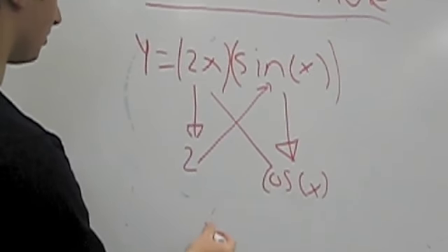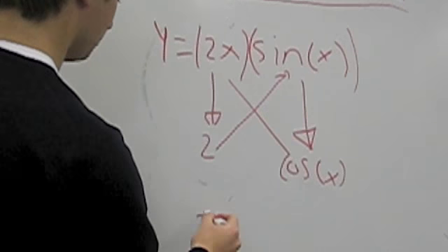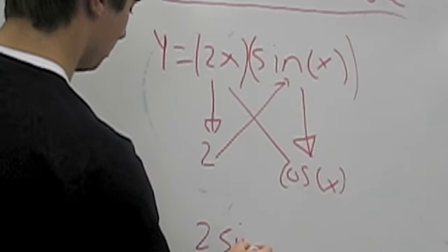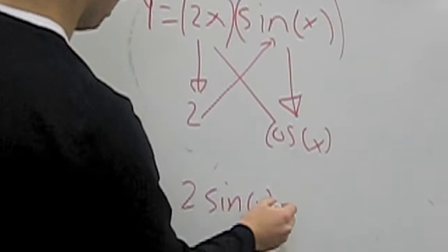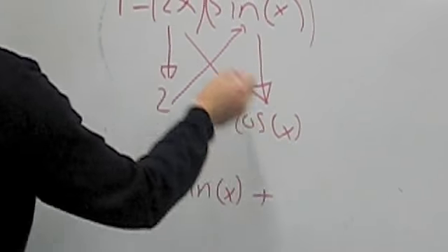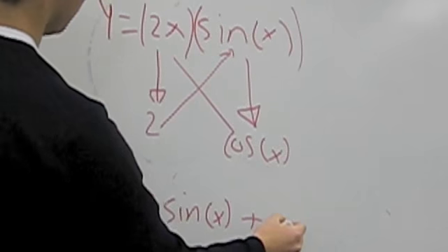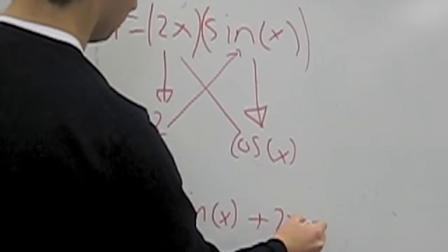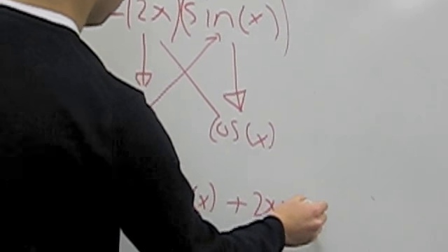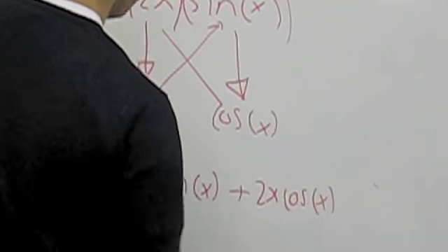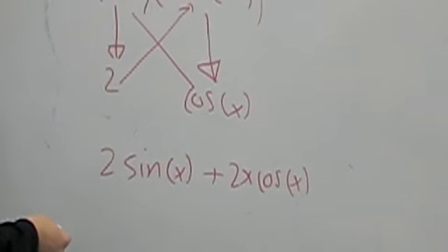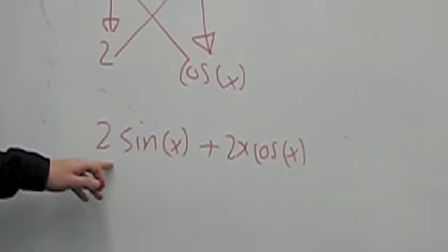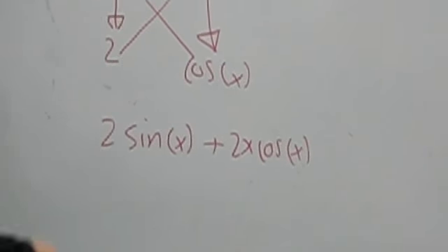So let me show you what you do. 2, plus these two things. You couldn't have solved this derivative using the old-fashioned way. This is the only way that we would know how to do it.